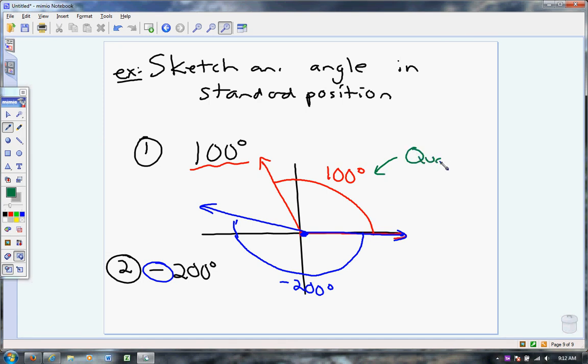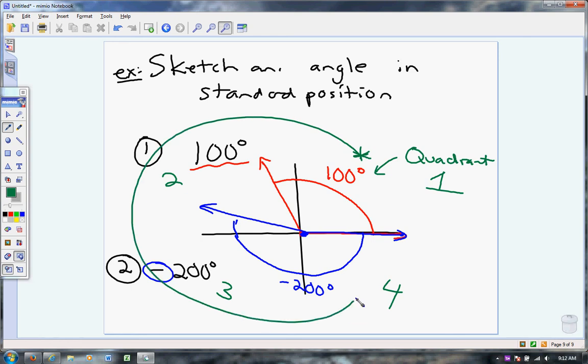This is quadrant 1, that's the first quadrant. This is quadrant 2. This is quadrant 3. And this is quadrant 4. So we start here and we work around this way. So 1, 2, 3, and 4.